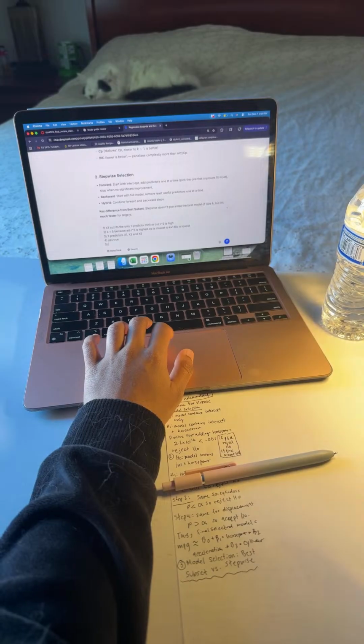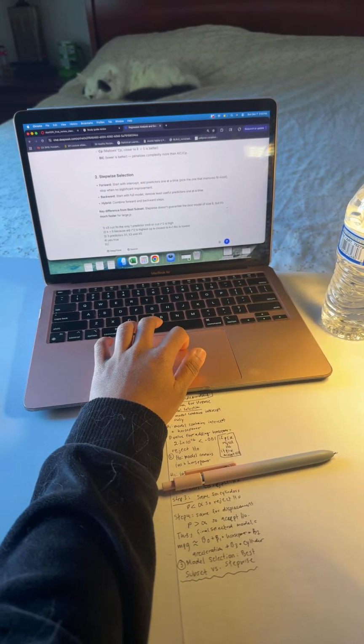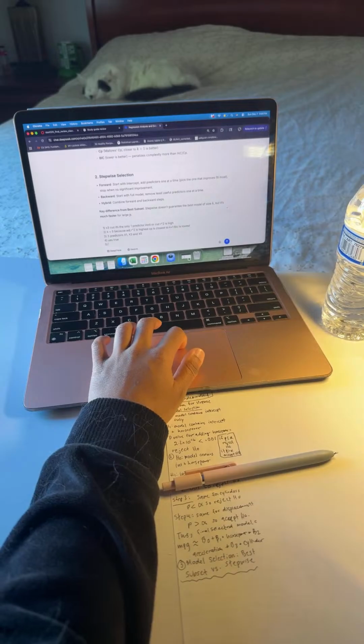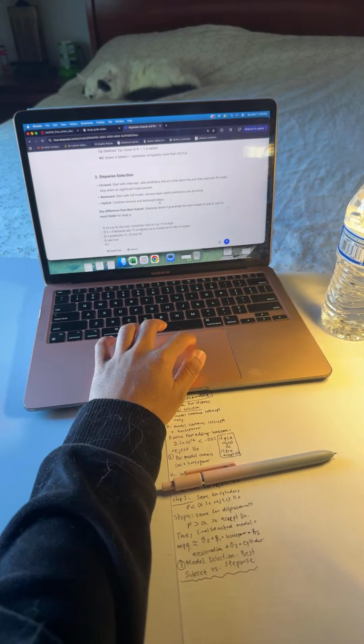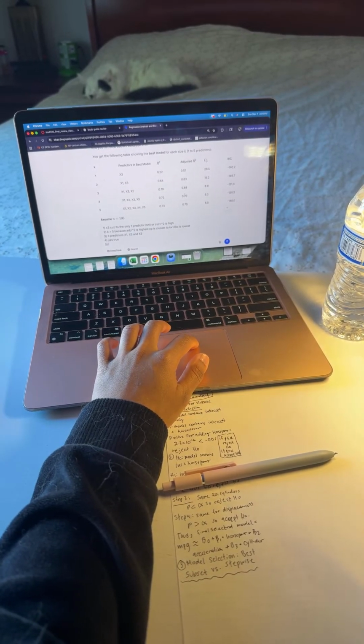Stepwise selection forward: start with the intercept, add predictor one at a time, pick the one that improves fit most, stop with no significant improvement. Backwards: start with the full model, remove the least useful predictor one at a time. Combine forward and backward step. Okay, so it stops at 0.70, right?